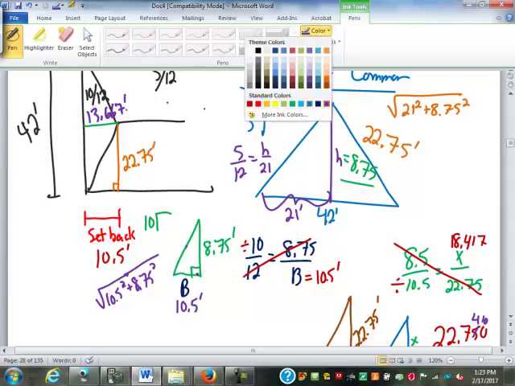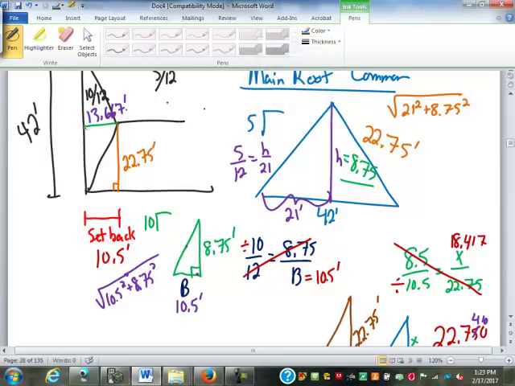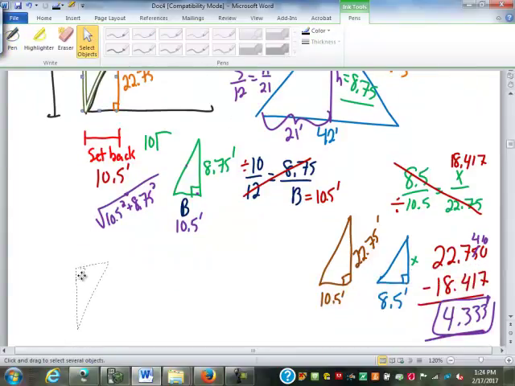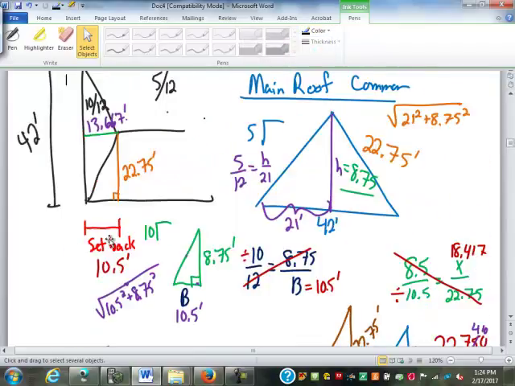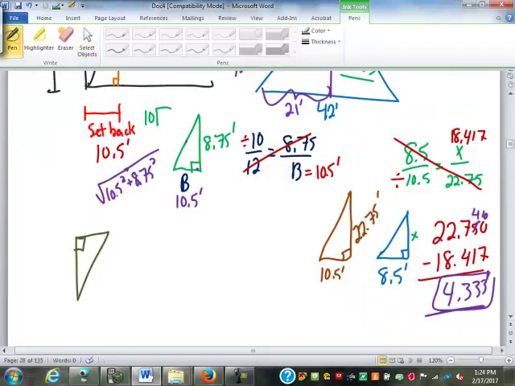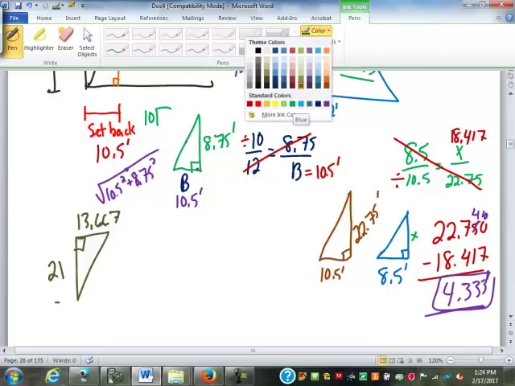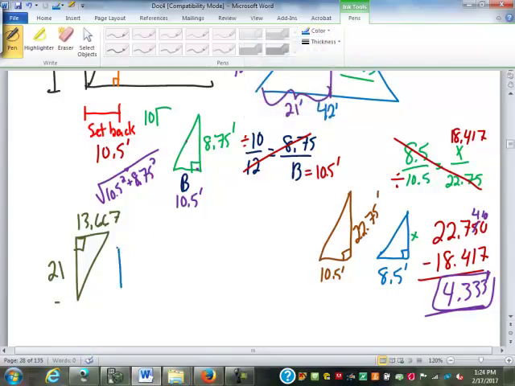So then we have this triangle right here that we're going to pull out. This is the 13.667 here. This is 21. Where did the 21 come from? Half the span. Very good. This is 19 and this is X.